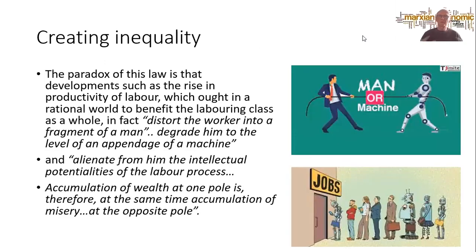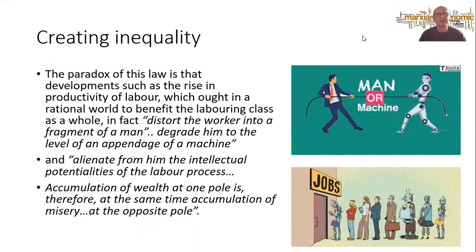What does that mean? Well, it also means, as Marx said, that the paradox of this law is the driving forward of machinery relative to labour in order to boost the productivity of labour. That means that the workers are more and more tied to machines and the working of the machine and the factory, clocking in, clocking off, tied to the machine to do various very limited processes in terms of the labour process itself. In a way, Marx said this distorts the worker into a fragment of a man, or woman. They're not creating new things themselves.